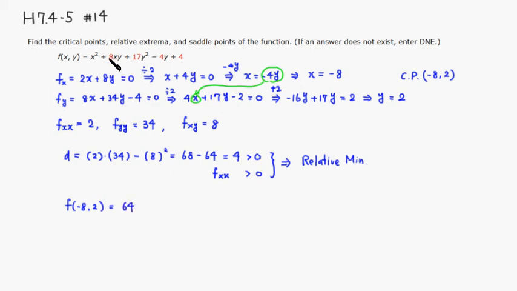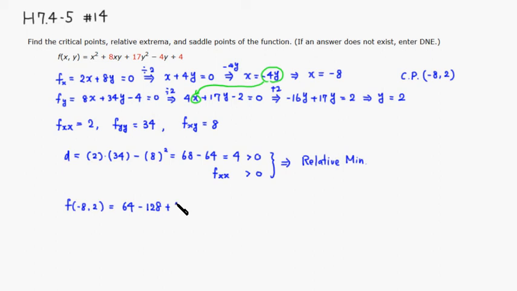Then you have 8 times -8, so -64 times 2, so it's -128. And plus 17 times y squared, which is 2 squared, 4. So it's 17 times 4.